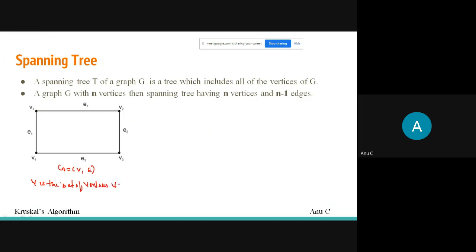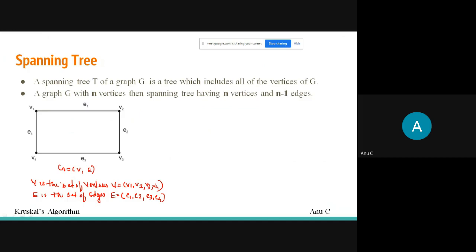Here V equal to V1, V2, V3, V4 and E is the set of edges. Here E equal to E1, E2, E3, E4. A graph can be represented as set of vertices and set of edges.